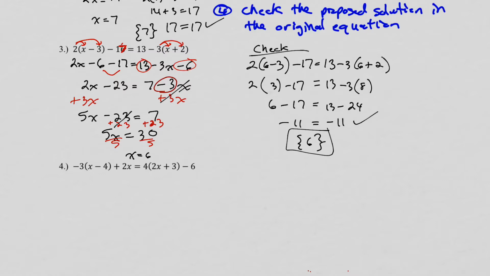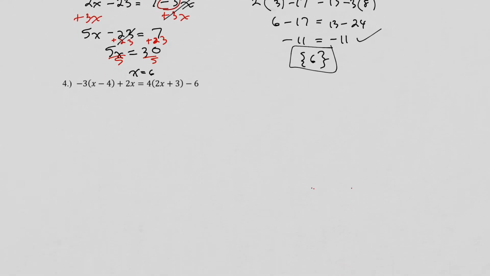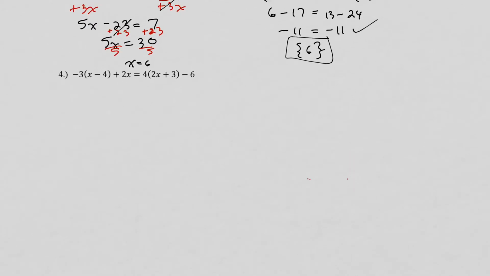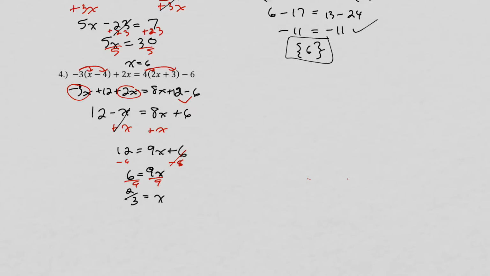All right. So go ahead and try number 4. And this time, we're going to use a different way to check this. So go ahead and pause the video and try number 4. Okay, so you should be done with number 4 on your own. So here I have the work shown.